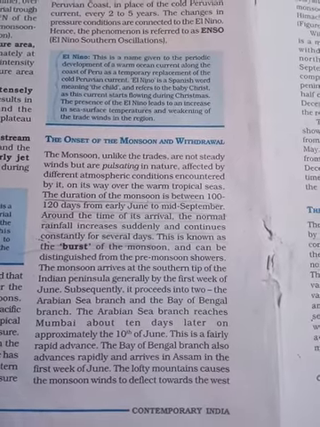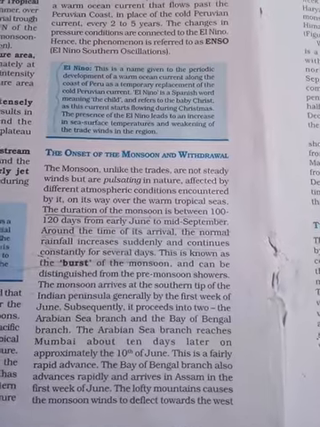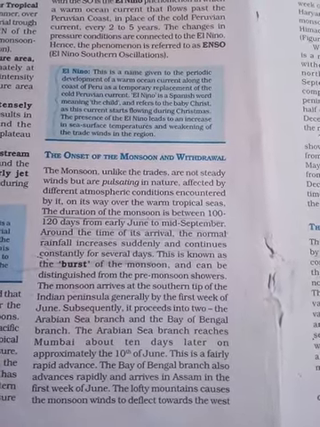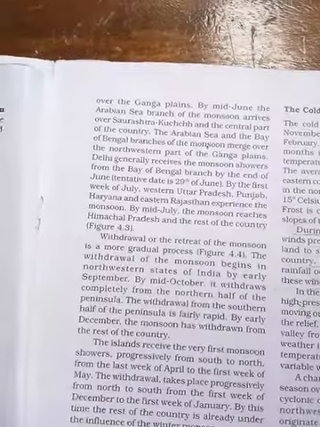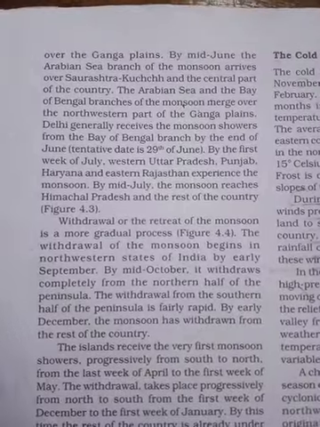The lofty mountains cause the monsoon winds to deflect towards the west. When the monsoon wind comes from the Bay of Bengal and reaches Assam, it is deflected towards the west because it is blocked by the Himalayan mountains. So it moves towards the Ganga plain.